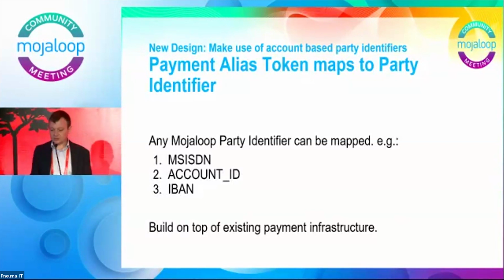I've got some examples here: an MSISDN, an account ID, and an IBAN. These are examples of Mojaloop payment token identifiers that would be applied to this. So what we are doing is mapping our alias onto one of these existing payment token aliases.